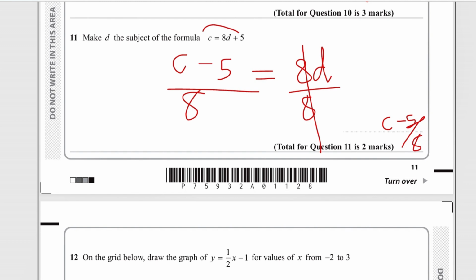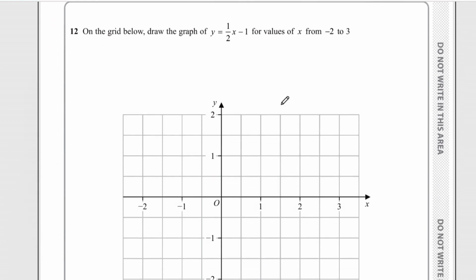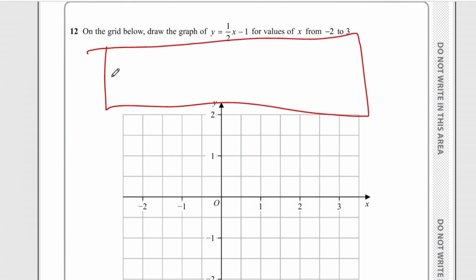Okay, we got question 12 where we have a graph. When you have a graph like this, you have to plot your table. You draw your box. Sorry, I'm just using my free hand. When you draw your box, something a little bit straight, you have the values of X, and then you have the values of Y. For the box, you can always use your ruler, please.